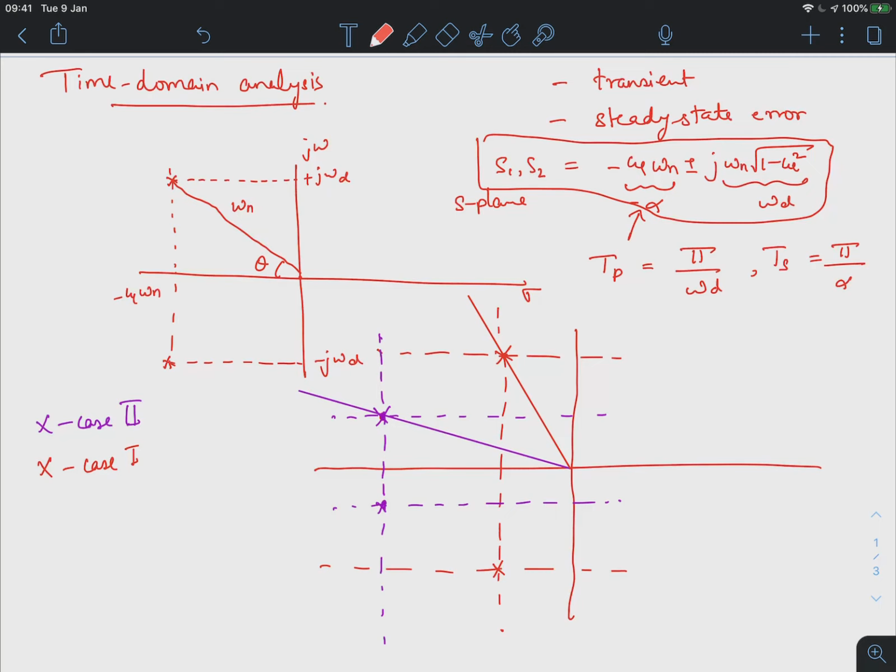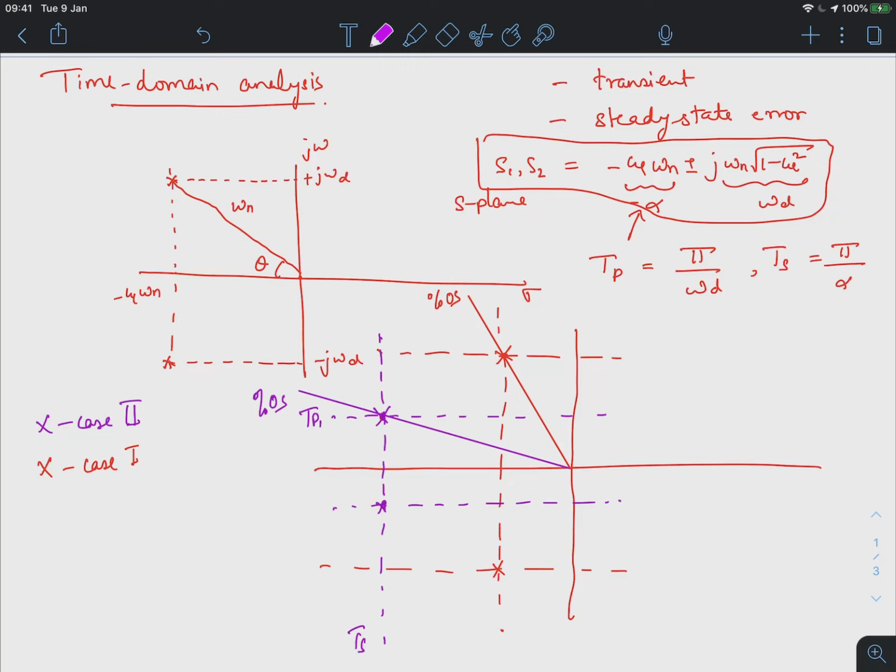So let's say we have these two damping lines for two different cases, and this line basically gives us the percentage overshoot, and similarly this line will give us the percentage overshoot. Okay, so with the location of this pole we have this TP1 here, and this vertical line we have TS1.